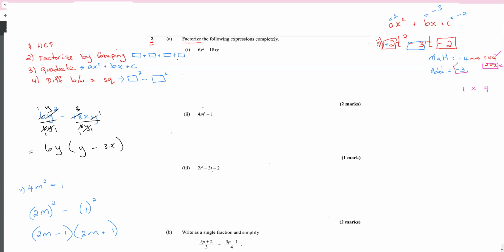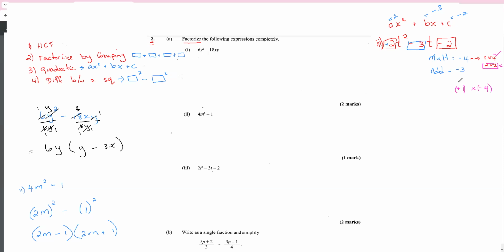In order for them to add or subtract, and this to be negative, it meant that the bigger number was negative. Because remember the rule, when adding and subtracting, if you have 2 different signs, we subtract and keep the sign of the bigger number. Therefore, the bigger number had to be negative. So that means the 2 numbers would have been +1 and -4.